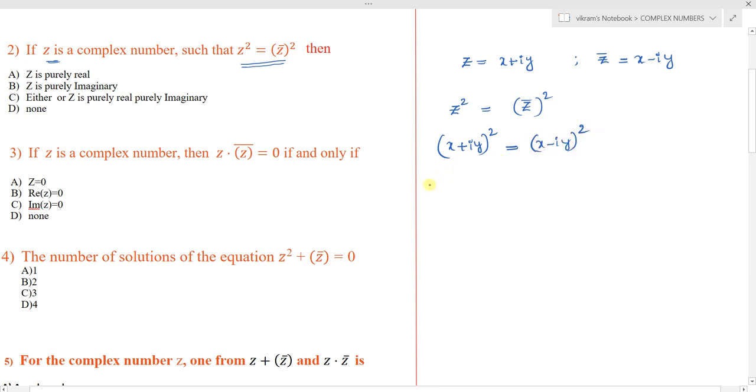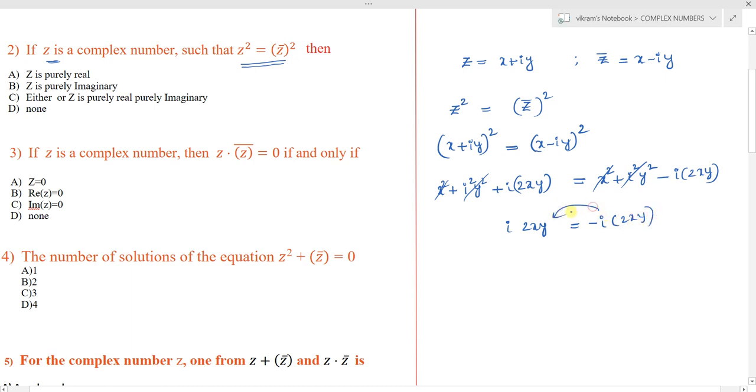Just simply expand this. A plus b whole square gives a square plus b square, here i square y square, plus i times 2ab, that means 2xy, which equals x square plus i square y square minus i times 2xy. Here on both sides we have x square and i square y square, which cancel out, and we get i times 2xy equals minus i times 2xy.